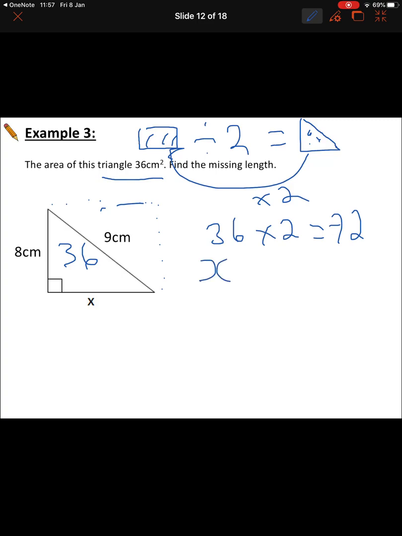So the value of x is going to be 72 divided by 8, which is going to be 9 centimeters. All right, let's check to see if that's right. 72 divided by 8 is 9. Yeah, that's right. So that's how we would do a question like this.